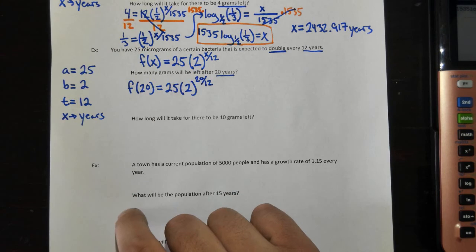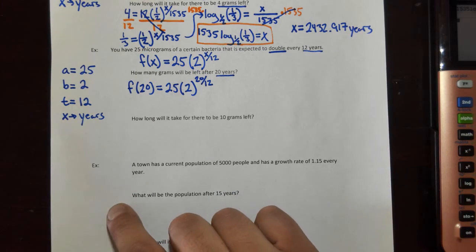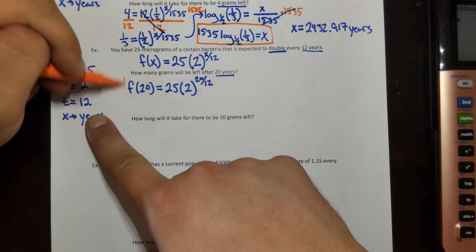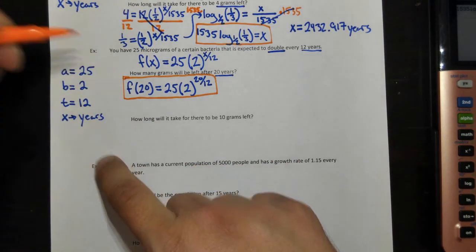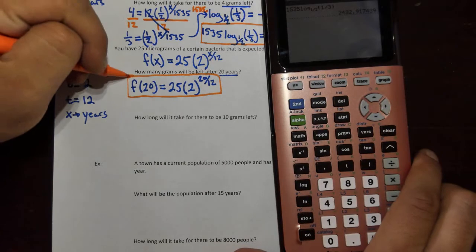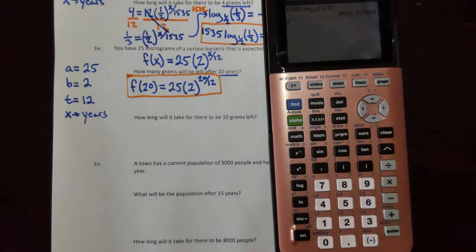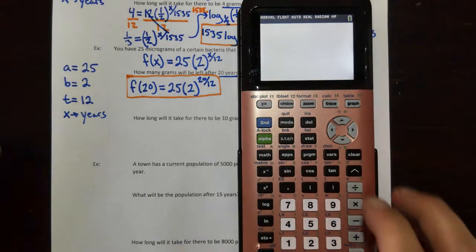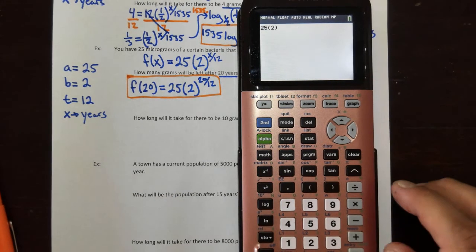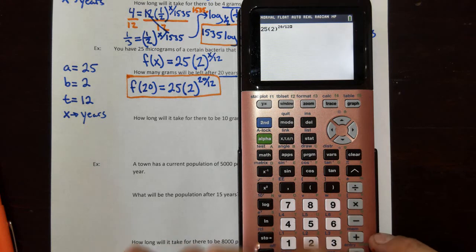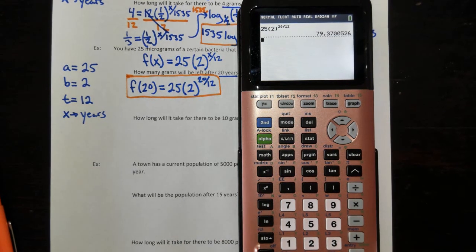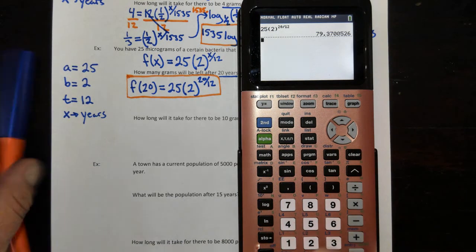And we're done, right? That is if you don't have a calculator. If you do have a calculator, of course, go ahead and plug it in, which we will do right now. So 25 times 2 to the 20 over 12th power, and we get 79.37.